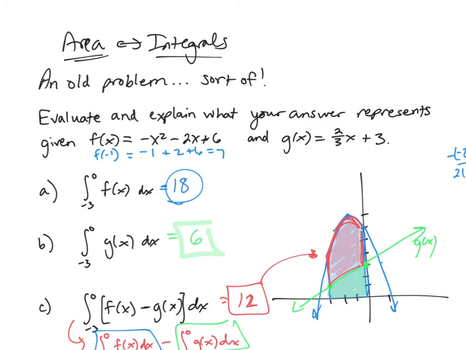Until this point, an integral has always represented area between some curve and the x-axis. We say area under the curve, but we really just mean area from the curve all the way down to the x-axis. Or if my curve is below my x-axis, then I do curve to the x-axis, and that we represent as a negative area. Okay?